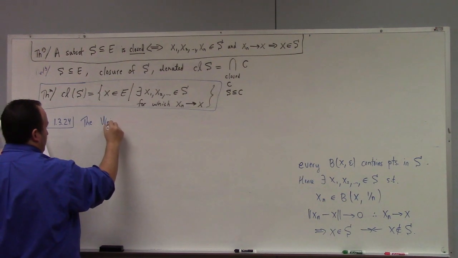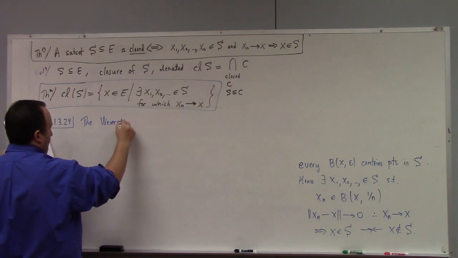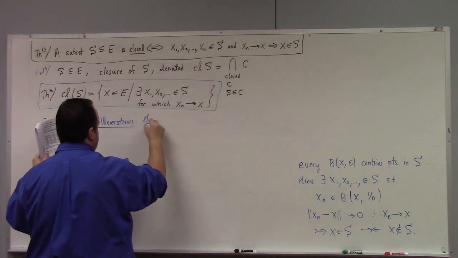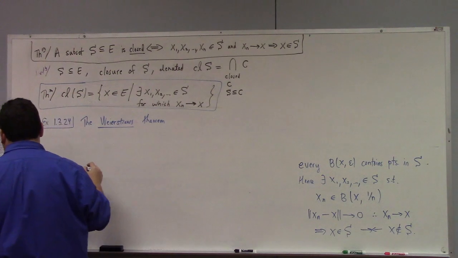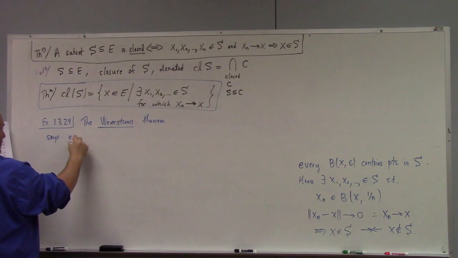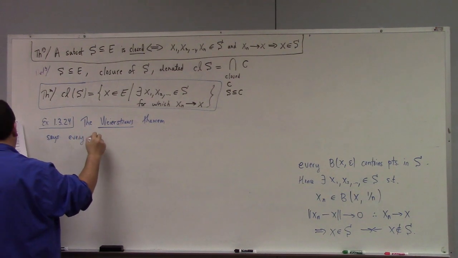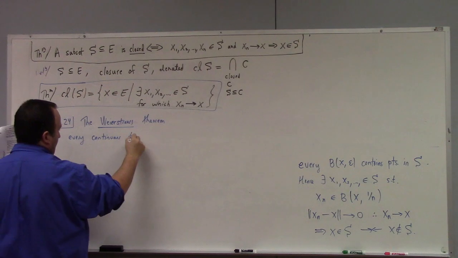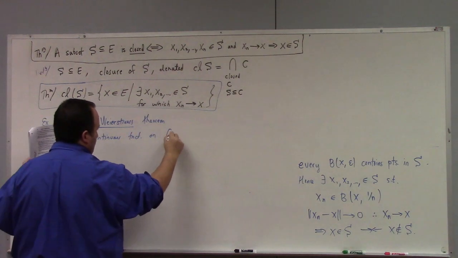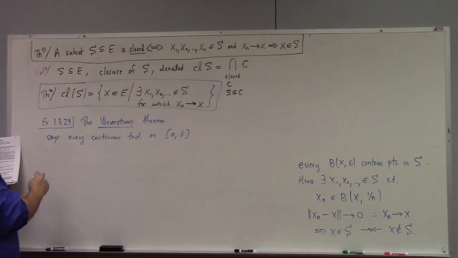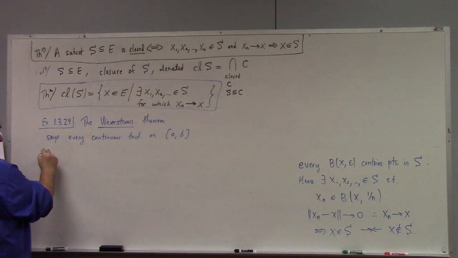So the Weierstrass theorem says every continuous function on the closed interval from a to b can be uniformly approximated by polynomials.